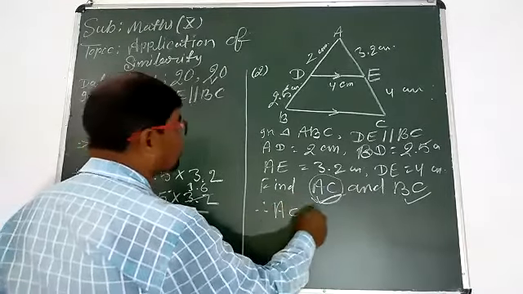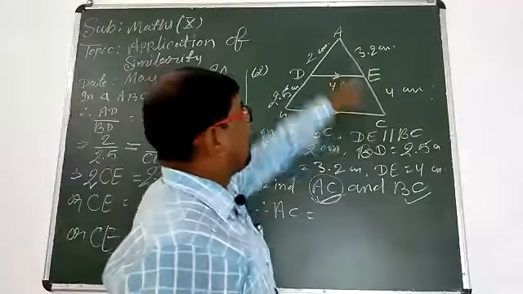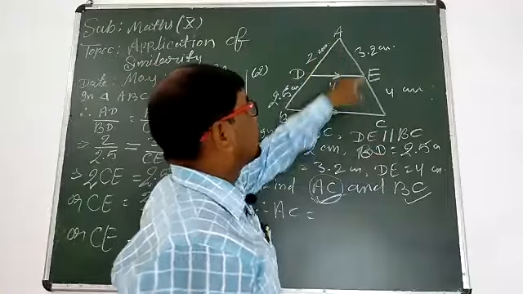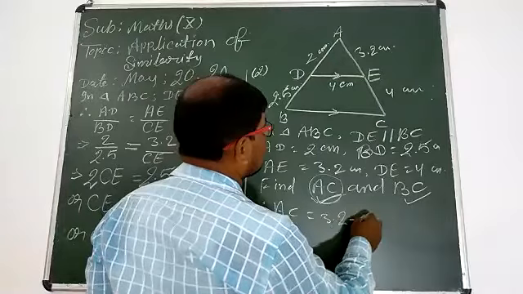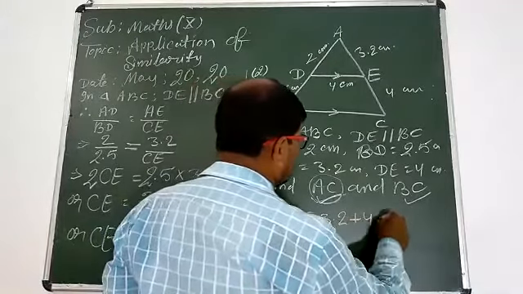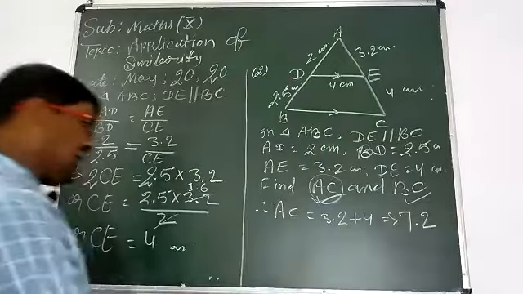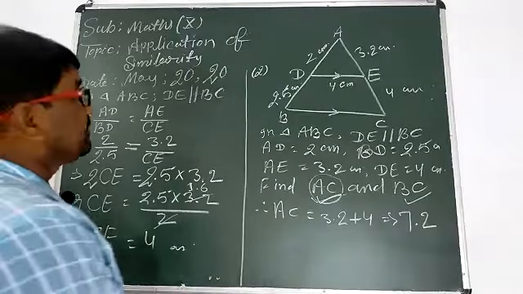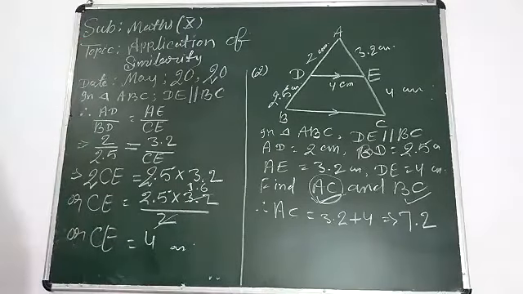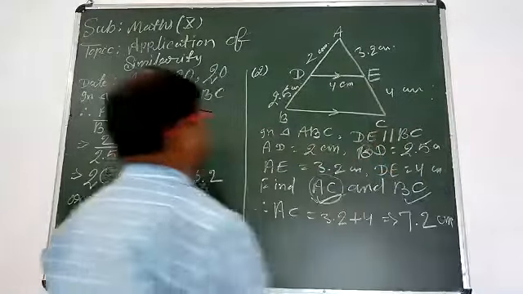AC equal to AE plus CE. AE is 3.2, CE is 4, so 7.2. AC is 7.2. Understood, student?